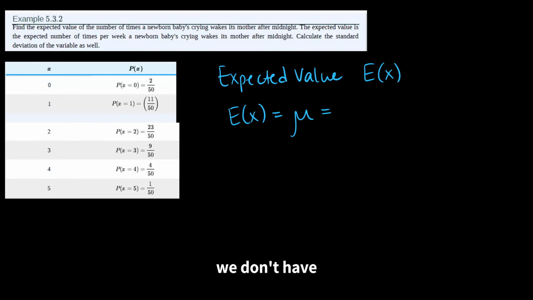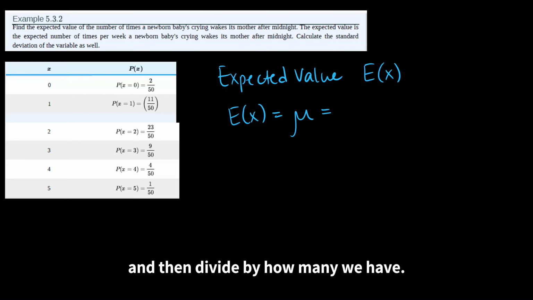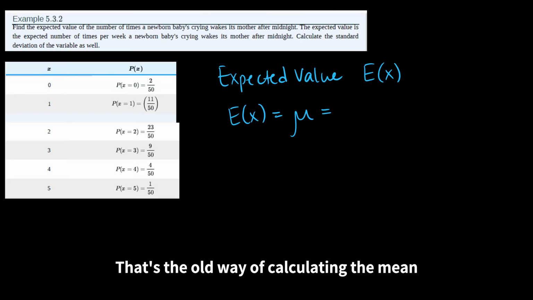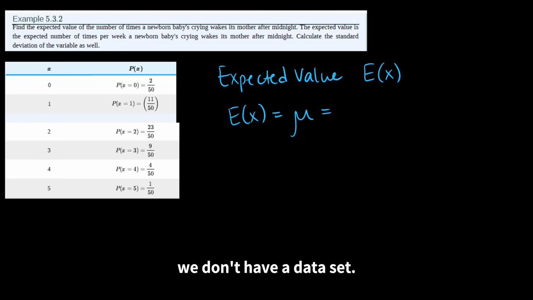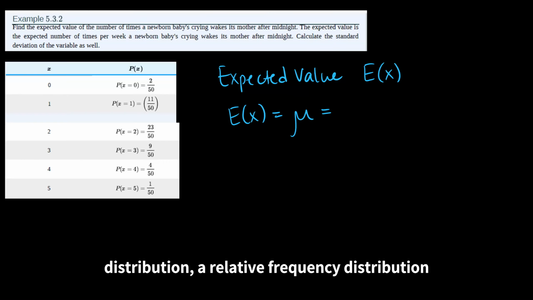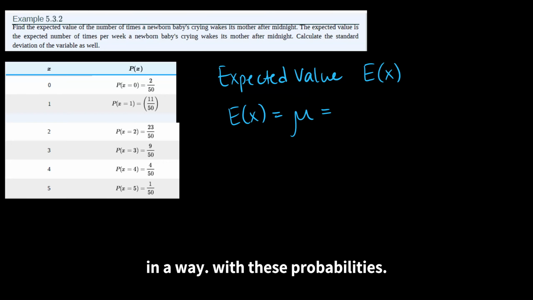We don't have data values that we can add up and then divide by how many we have. That's the old way of calculating the mean when we have a full-on data set. Here we don't have a data set. We almost have a frequency distribution, a relative frequency distribution in a way, with these probabilities.